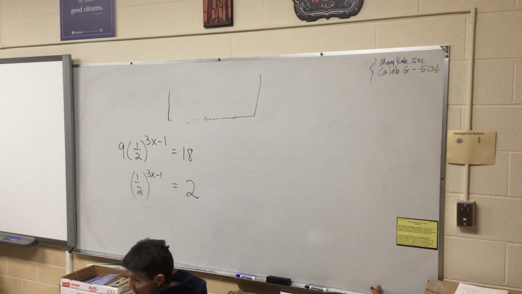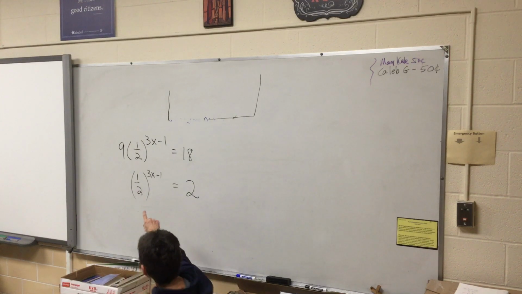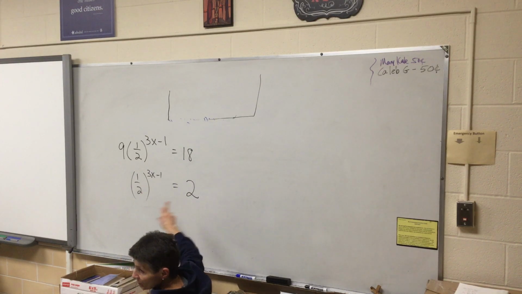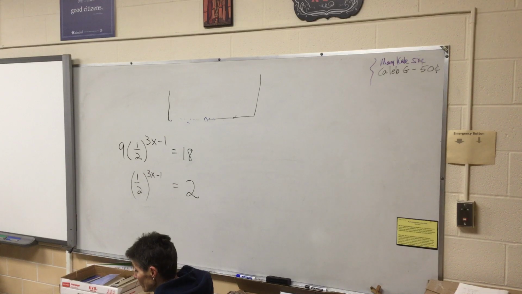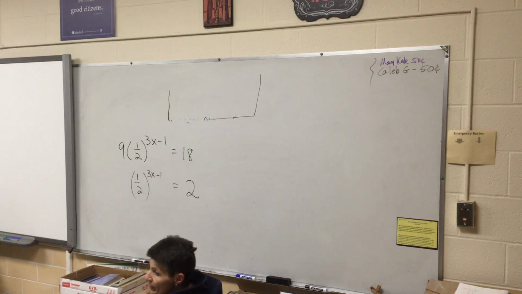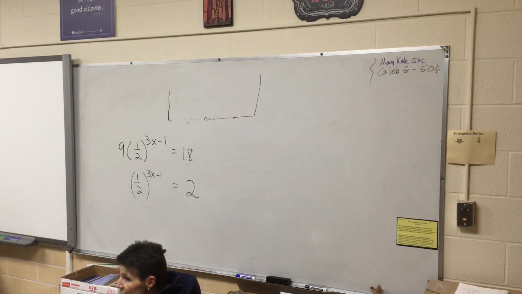But since I'm not allowed to do that, I have to make these two numbers the same. So that means you're either going to change 2 into 1/2 somehow, or you're going to change 1/2 into 2.